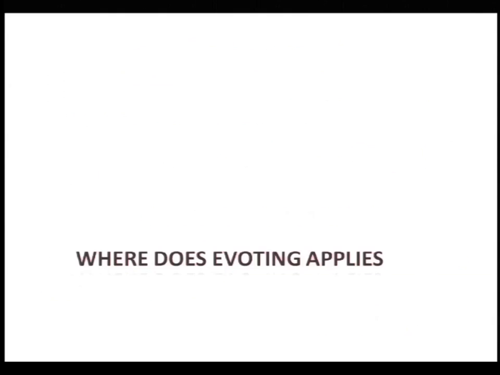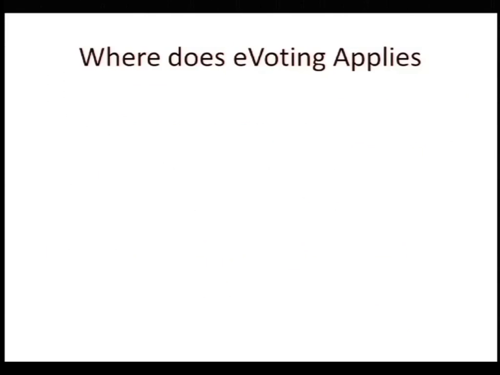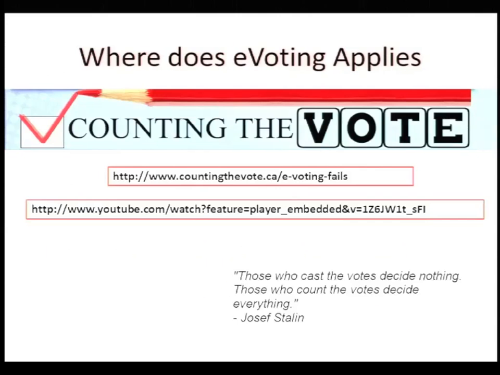So where does it apply? It applies everywhere, at least where possible, but because e-voting has failed in terms of technology, there's a website listing failures in history where you can find them. Therefore, we also look at privacy and security risks.